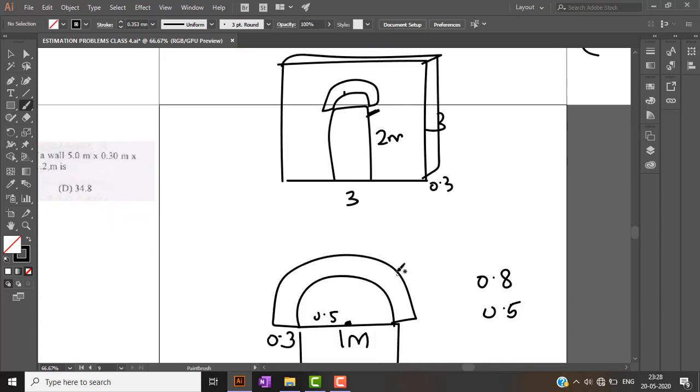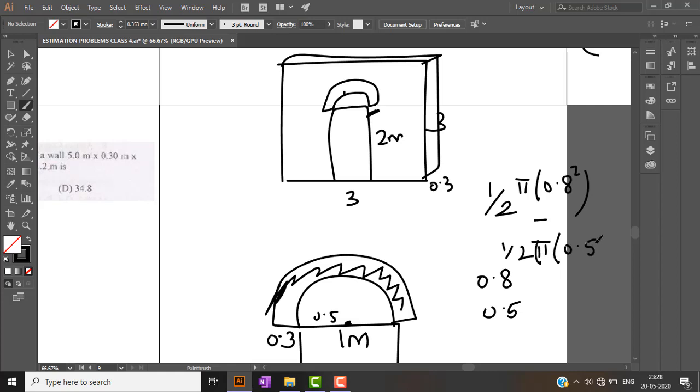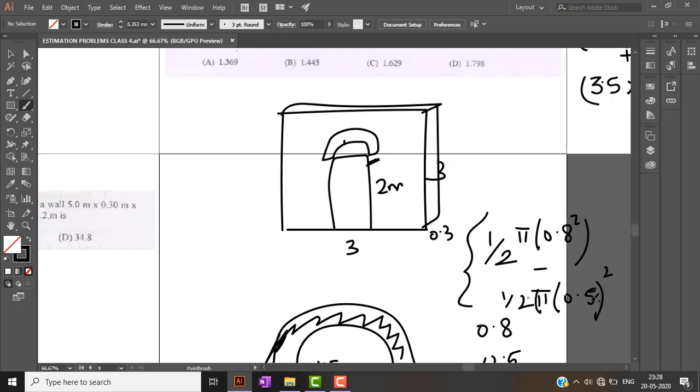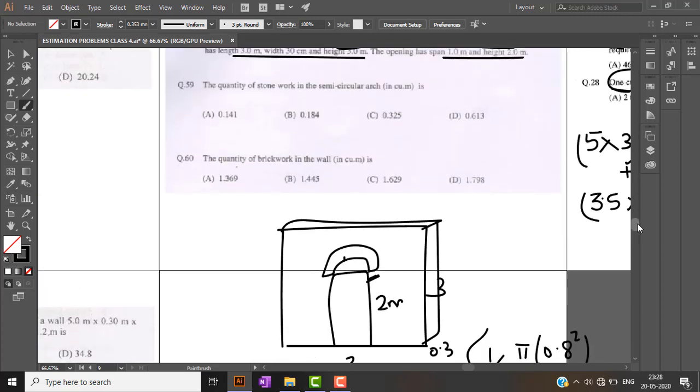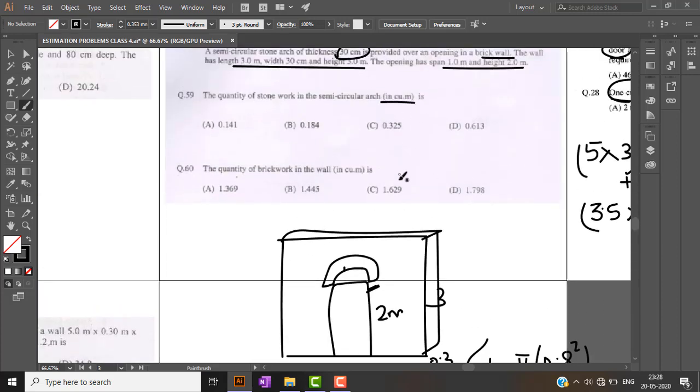So to calculate this shaded portion, which is the area of the arch, we take half pi 0.8 square minus half pi 0.5 square. Solving this equation we will get the area of the arch. If you multiply this by 30 centimeter, because the wall's width is 30 centimeter, you will get the quantity of stonework in meter cube.